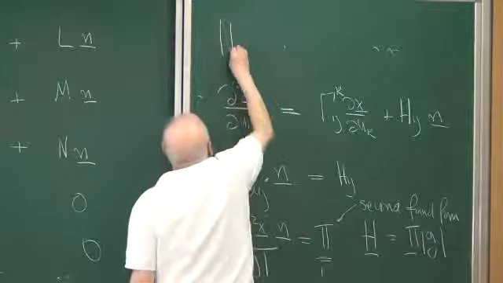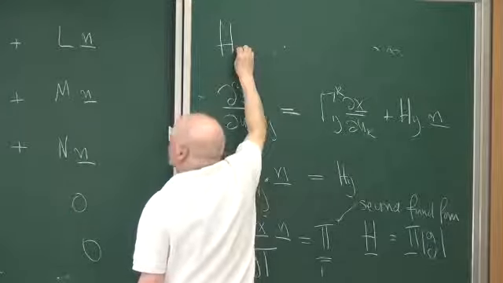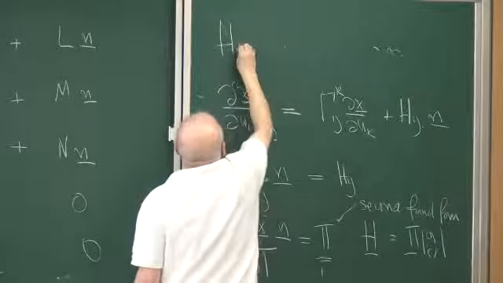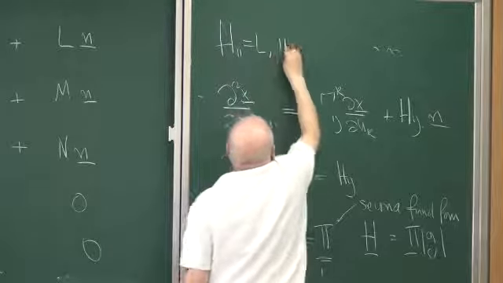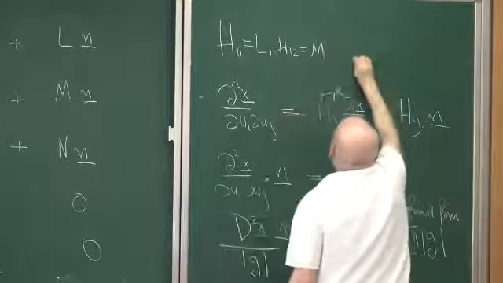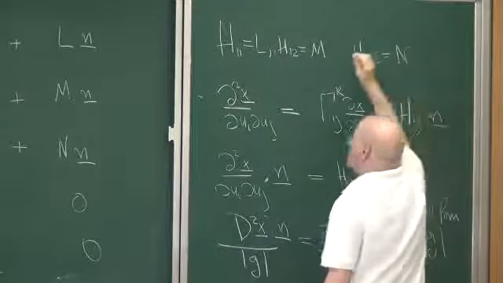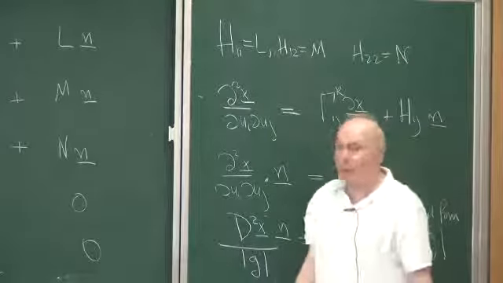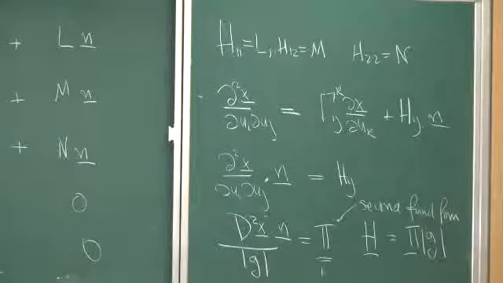So there are three of them: h11 was L, h12 was M, h22 was N. Let's erase here.